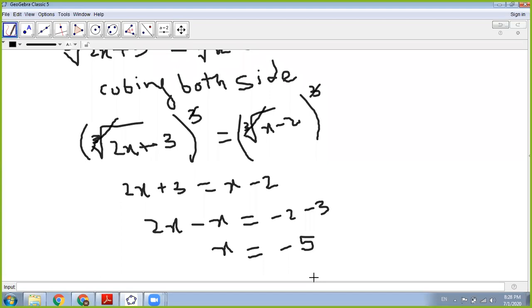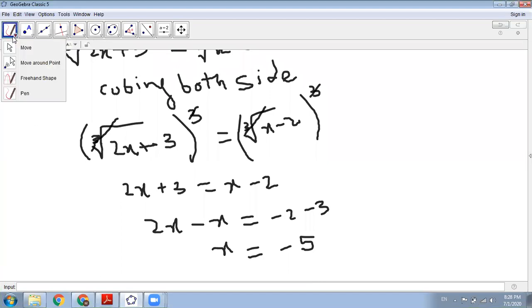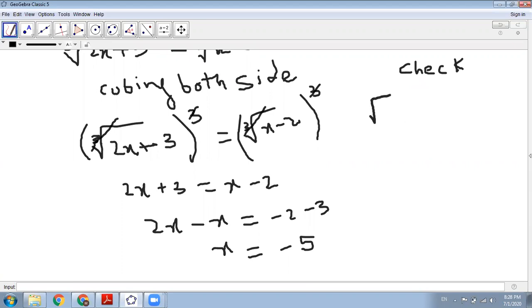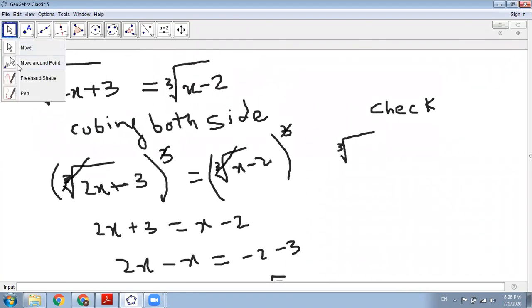Now again we have to check whether our answer is correct or not. So we check our solution. We write the heading Check and we write the question again: cube root of 2x plus 3. This check can be done on the right side of the copy.